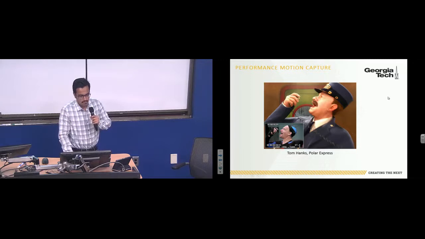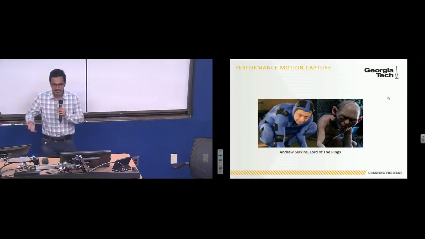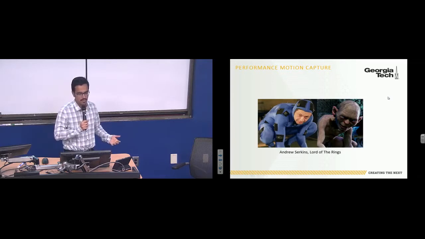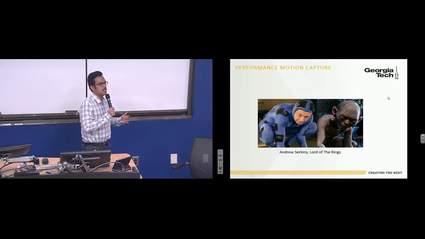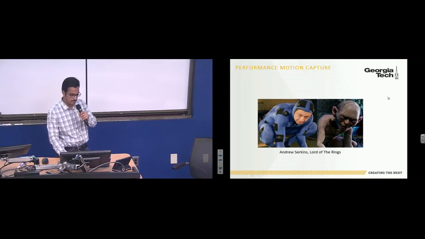And you can use performance mocap so actors can play humans, they can play animals, they can play just weird things. But the takeaway is that performance motion capture has its pros and cons. You can be really precise, but it's really limited by the setup time of applying hundreds of markers to the performer's body, having a controlled space, having a bunch of expensive and heavy equipment that's really time consuming to set up.